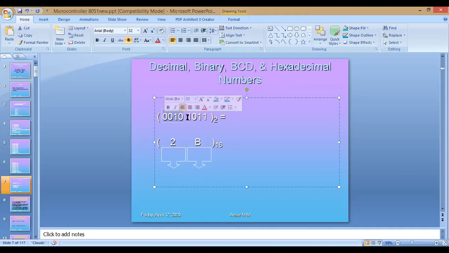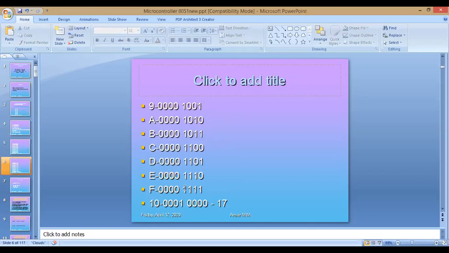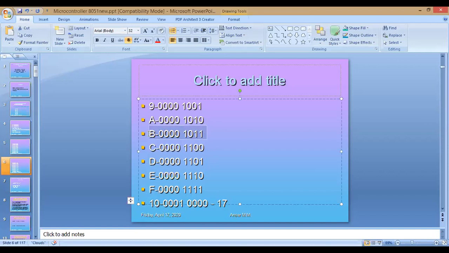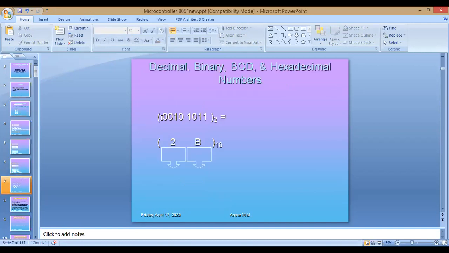And the lower nibble, 1011, is the equivalent of hexadecimal B. So the hexadecimal number of this binary number is 2B. It is very easy to convert hexadecimal to binary and binary to hexadecimal. Suppose we take another example.